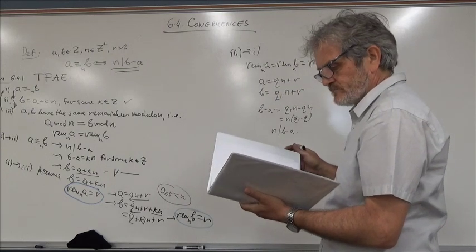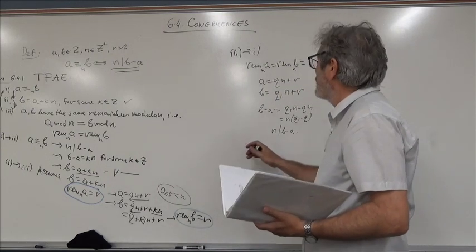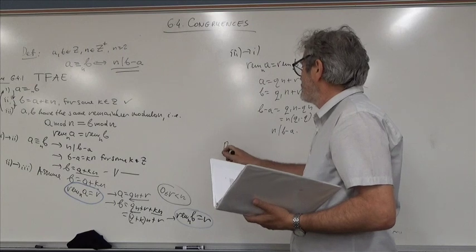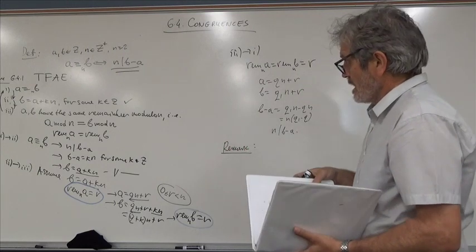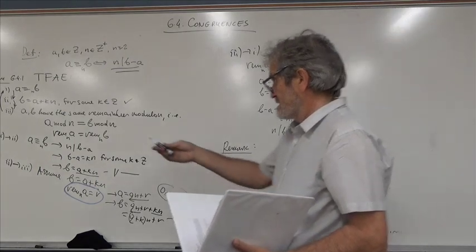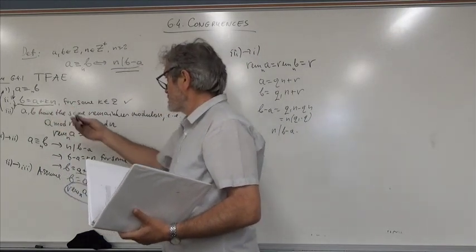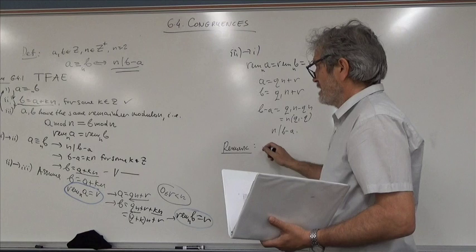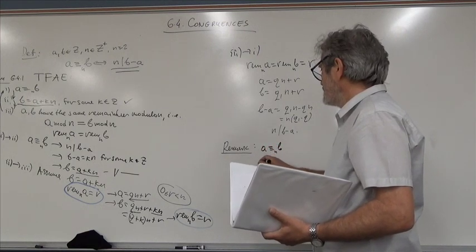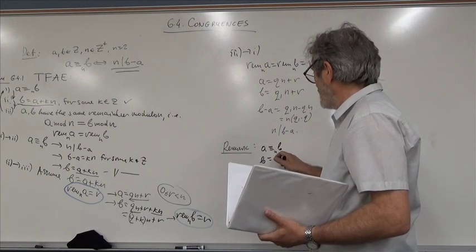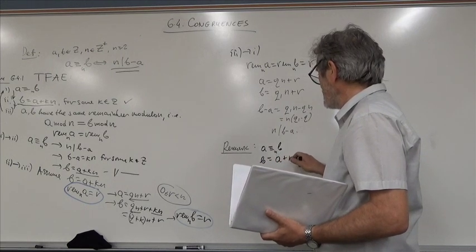By the way, a remark. Because of this, if A is congruent with B modulo n, then B looks like A plus Kn.